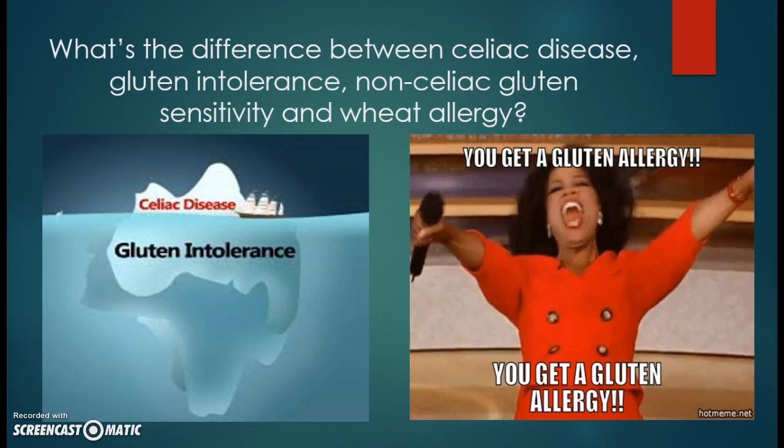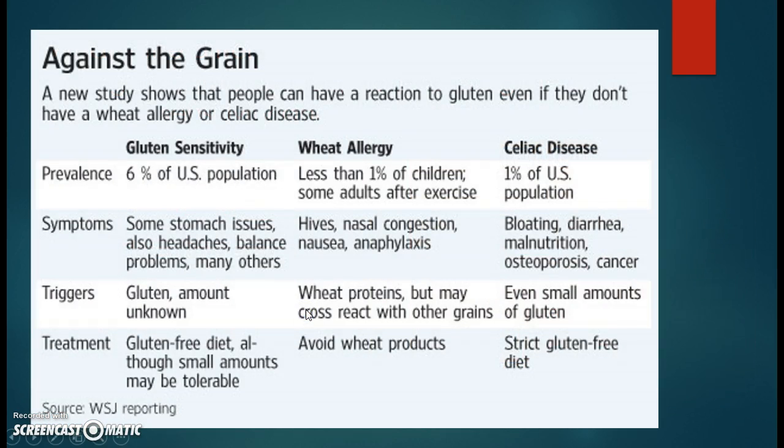I'll briefly explain what the differences are between the three types of gluten intolerances. We already learned that celiac disease is an autoimmune disorder that affects the digestive process of the small intestine. Another type of gluten intolerance is called non-celiac gluten sensitivity, and this causes the body to mount a stress response, often in the form of GI symptoms, which is different from the immunological response that occurs in those who have celiac disease.